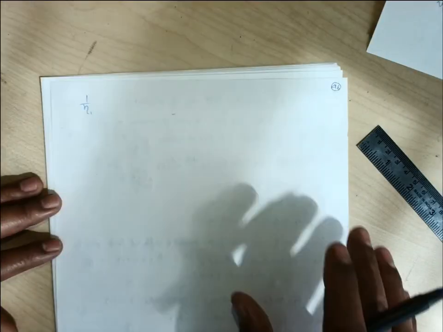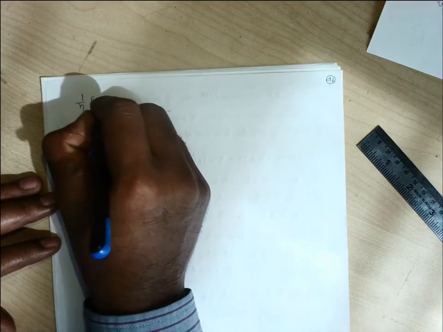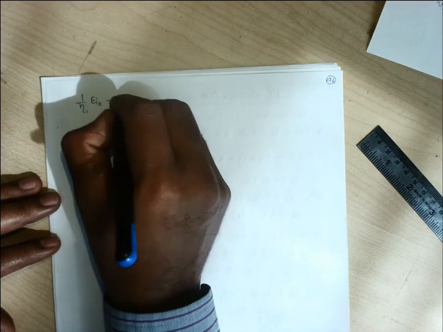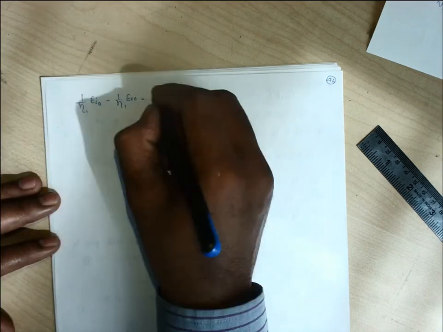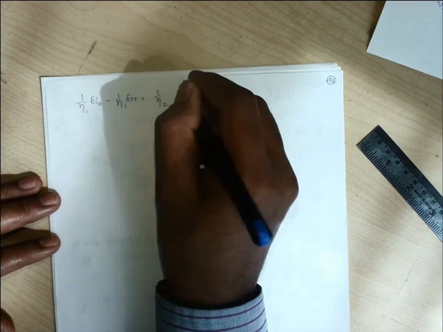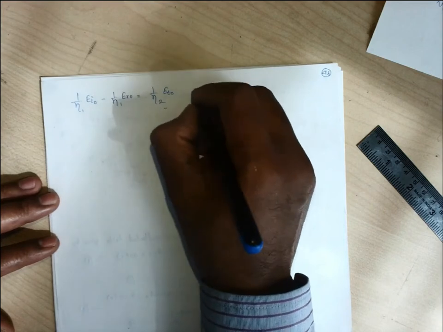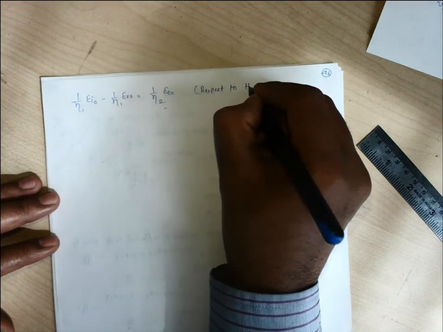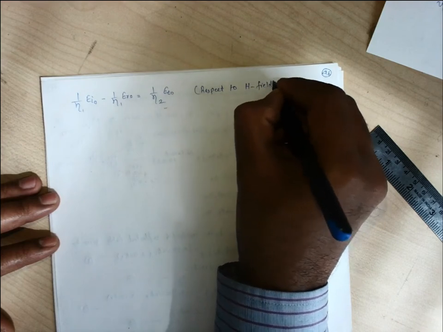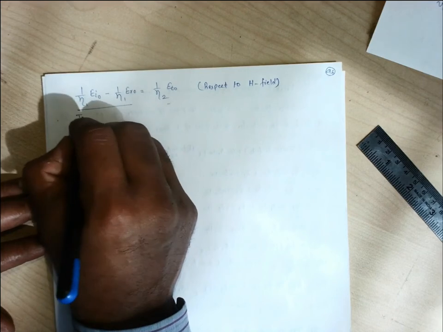So if we take eta 1 common, let me write this one as: Ei0 minus 1 by eta 1 Er0 is equals to 1 by eta 2 Et0. Let us write down, this is with respect to magnetic field. So these are the tangential components in medium 1.